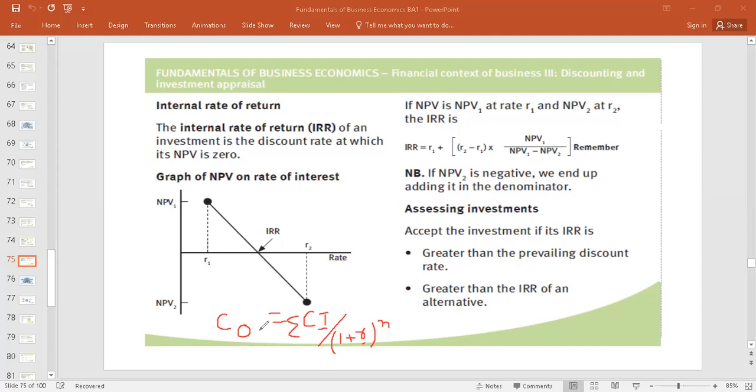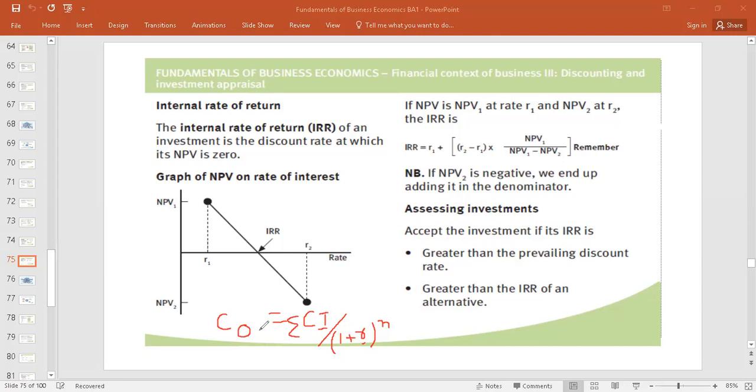The equation seems a bit complicated, so we cannot pick out R separately. It is a summation of cash inflows divided by the denominator, and moreover we also have an exponential. To simplify that is not a simple task.